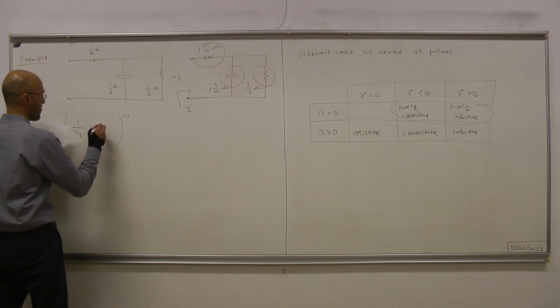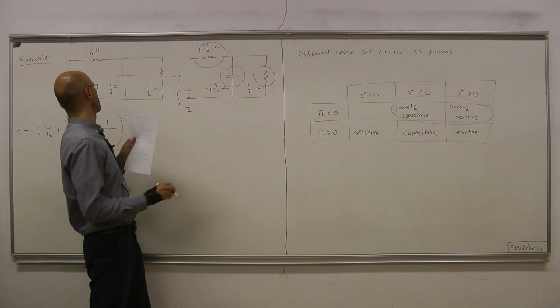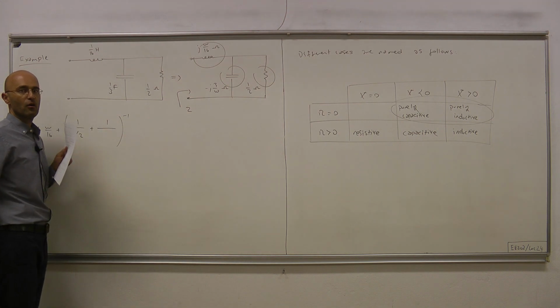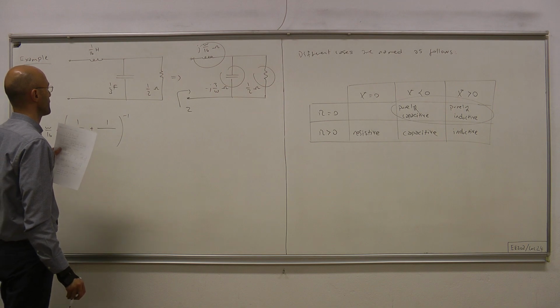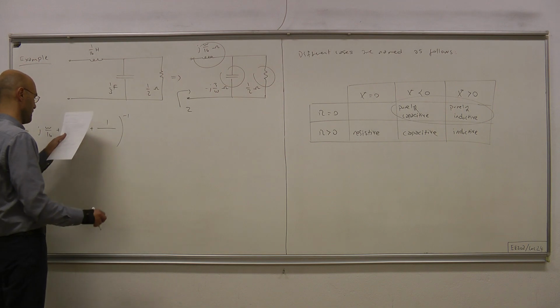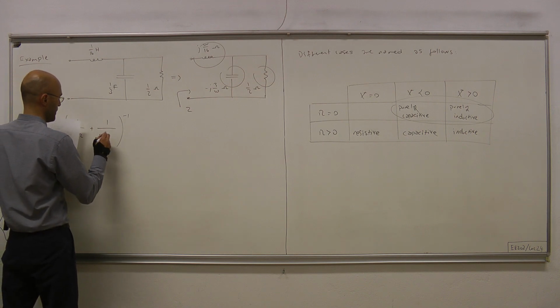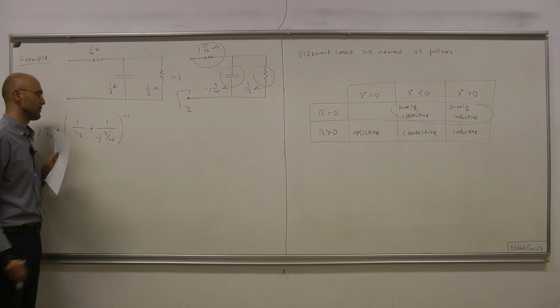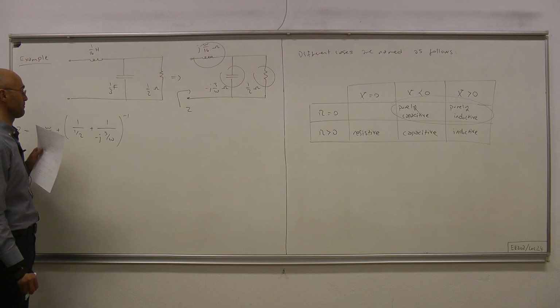And as for the capacitor, it's J omega over 3. That's the conductance, or 1 over J3 over omega. So that's 1 over impedance, which is admittance.